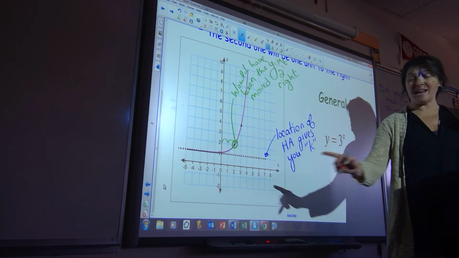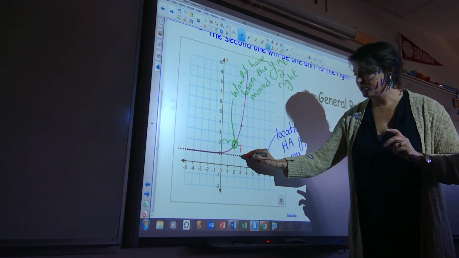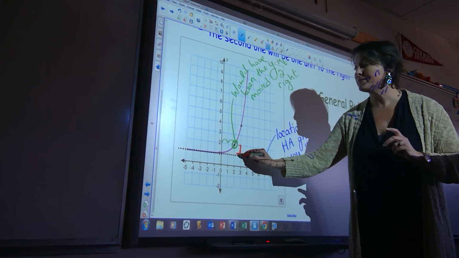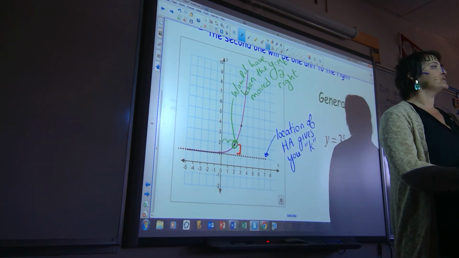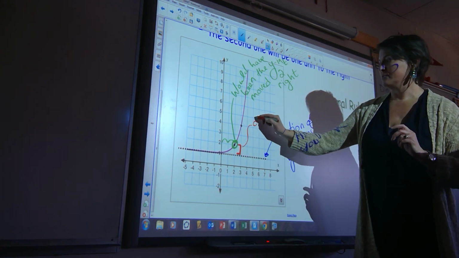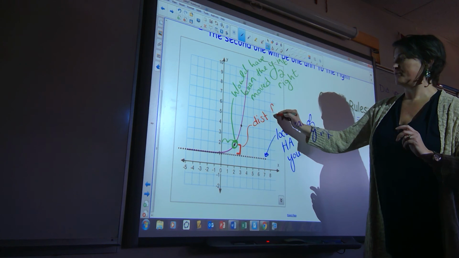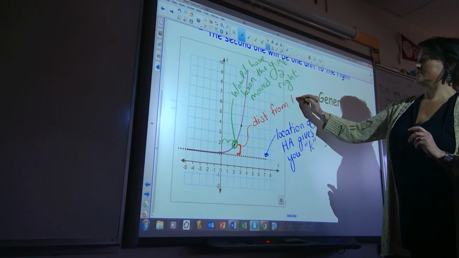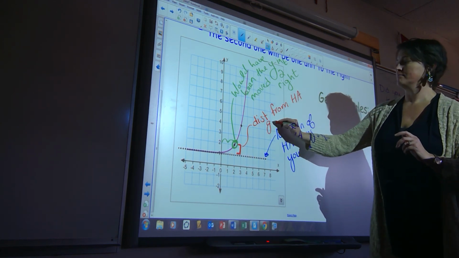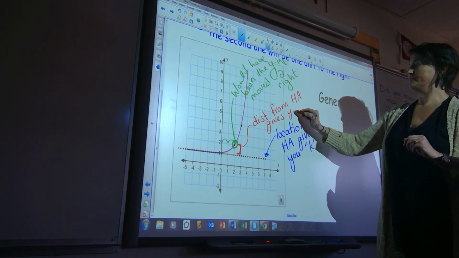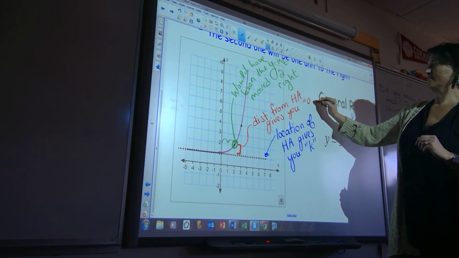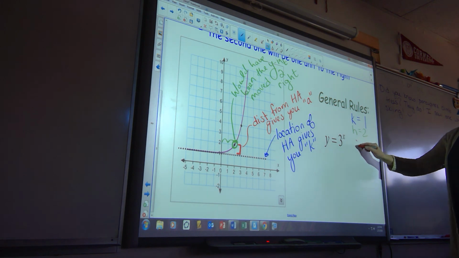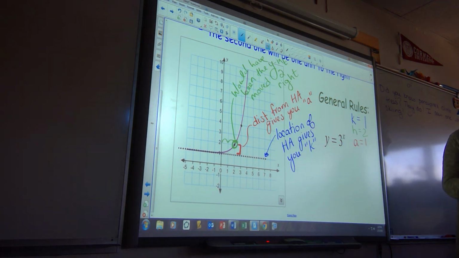And then that same first point, if you look at how far it is from the asymptote, that will give you A. So distance from the horizontal asymptote gives you A. So A in this case is just 1.